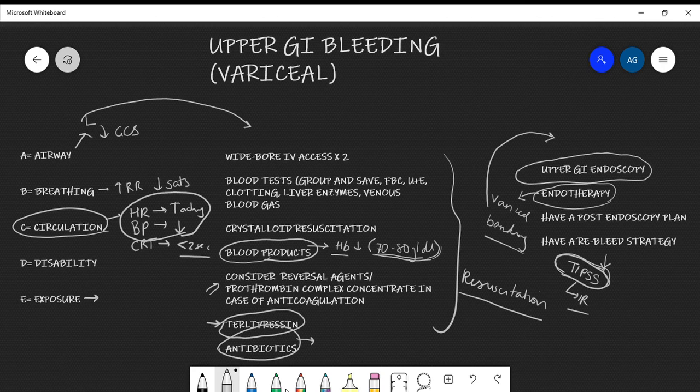So this is where I'm going to end this short talk on variceal bleeds. The takeaway points are, again: treatment of the really unwell variceal bleed patient is a team sport, and requires close collaboration between various medical and nursing teams.